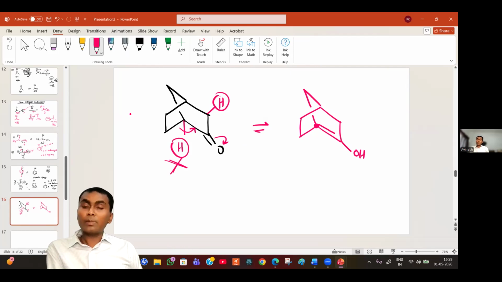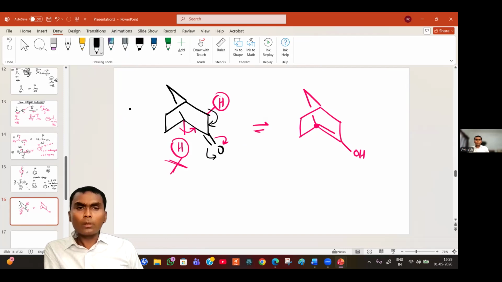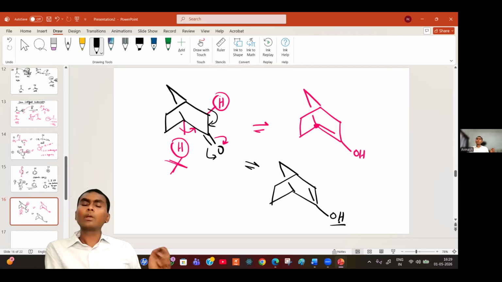If any hydrogen takes part in tautomerization and the system gets destabilized, then that hydrogen will not be able to take part in tautomerization. But this hydrogen will take part, like this. There is no instability here, so this hydrogen is able to take part in tautomerization.